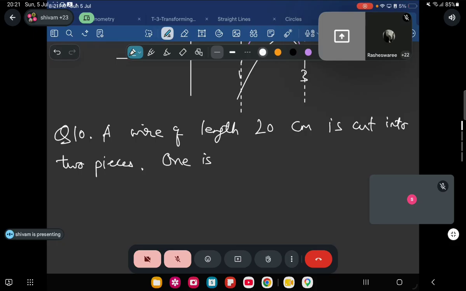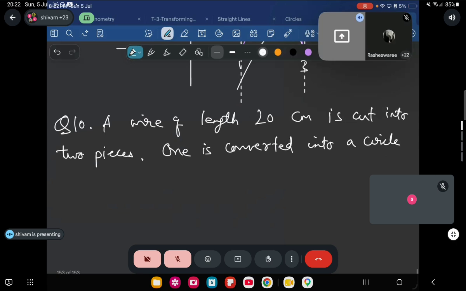One is converted into a circle and the other into a square.